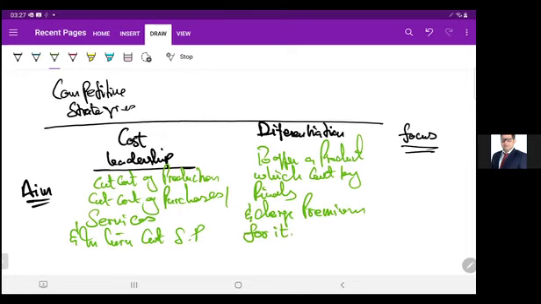Lastly, what is the aim of the focus? Position the business in one particular niche in the market.